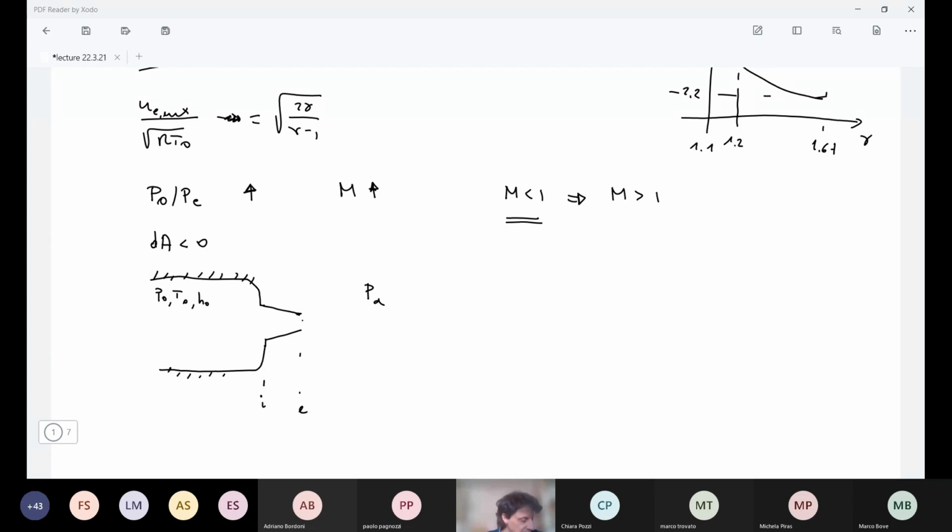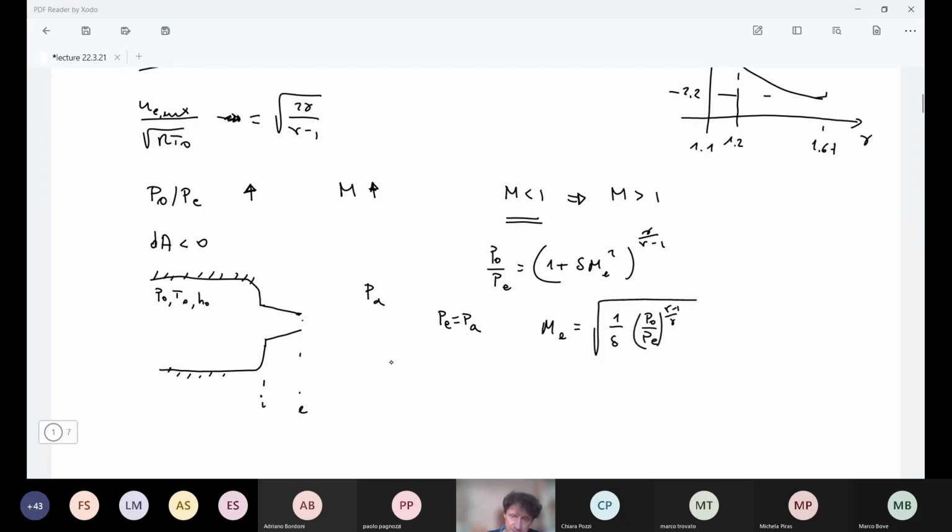And in fact, we can easily write that in this case we can assume PE equal to PA, and so we have that P0 over PE is what you have already seen before as this expression, and so we can easily extract the Mach number from here. It's the square root of 1 over delta times P0 over PE to the power gamma minus 1 over gamma, minus 1.